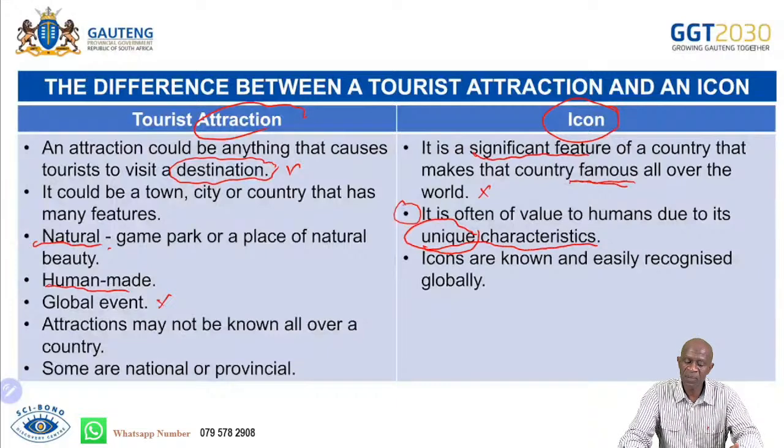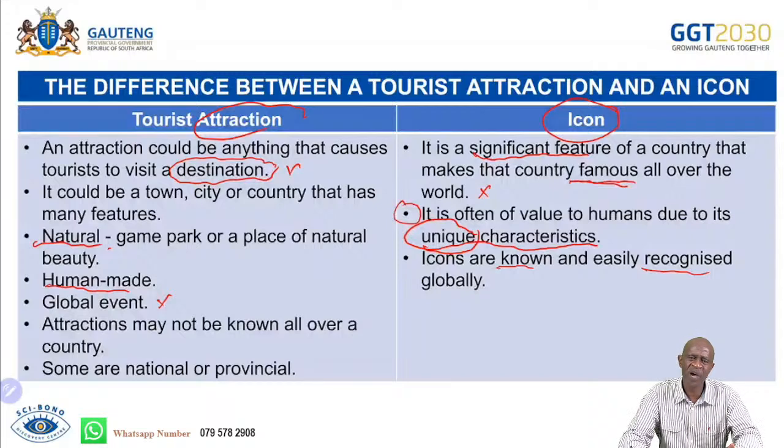As we move further, icons are known and easily recognized globally. They are well known, and they can be easily recognized by everyone in the global community. So you speak of the Eiffel Tower in Paris.